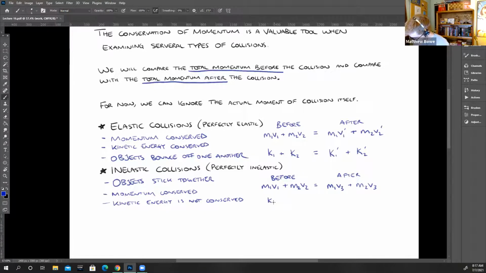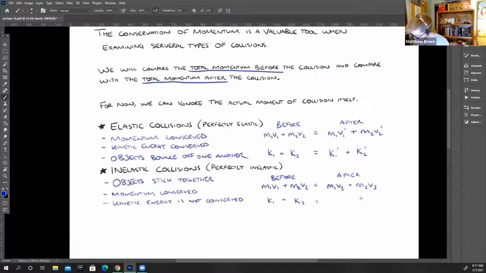Do the same sort of thing for kinetic energy, but I have to be careful in an inelastic collision, because it's moving at a new velocity after a collision.